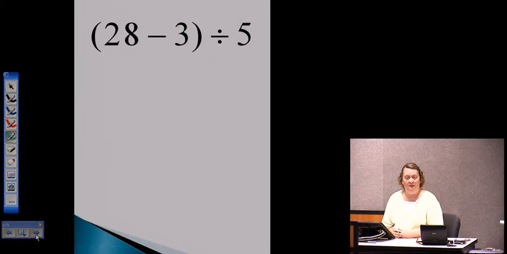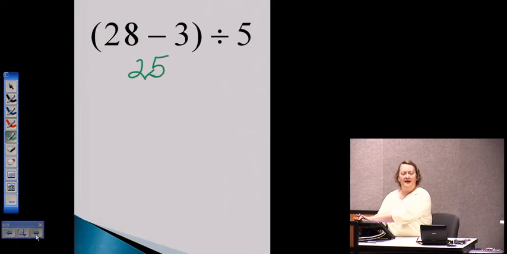Let's look at this problem. Please, parentheses. There are parentheses in this problem, so I should do what's inside the parentheses first, even though it's a subtraction. The parentheses says, I've been waiting in line longer. So 28 minus 3 gives me 25. Then I copy down the rest of the problem.